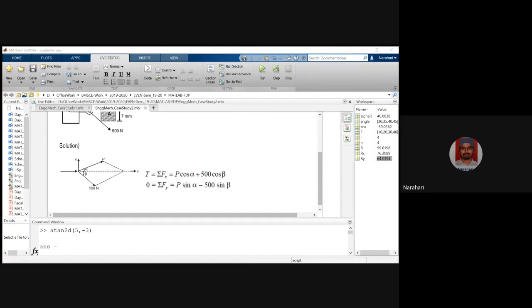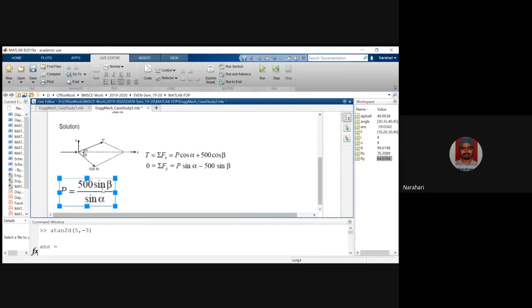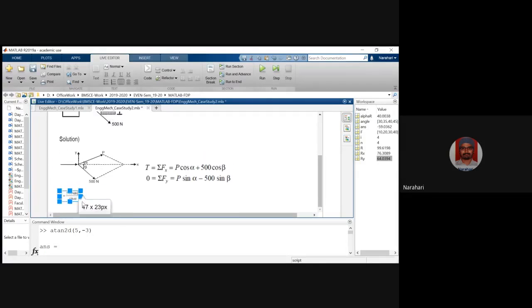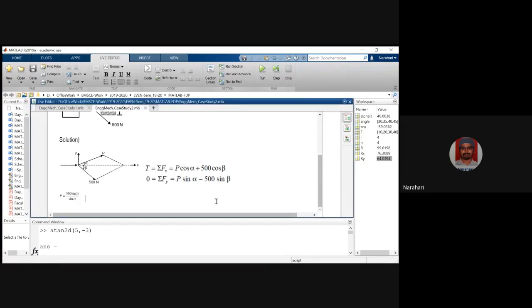Now, if you solve these two equations, you will get P as 500 sine beta by sine alpha, and you will get T as something like this. Okay, correct?